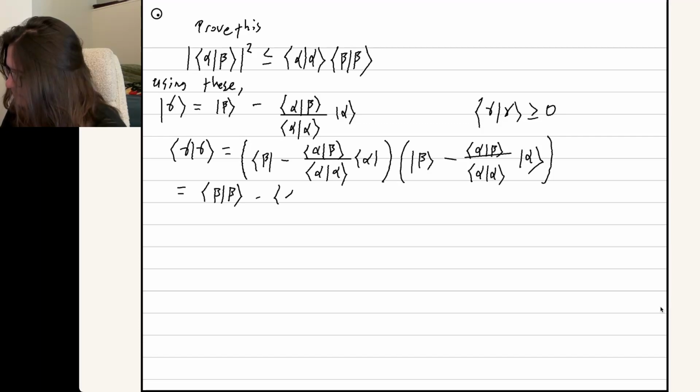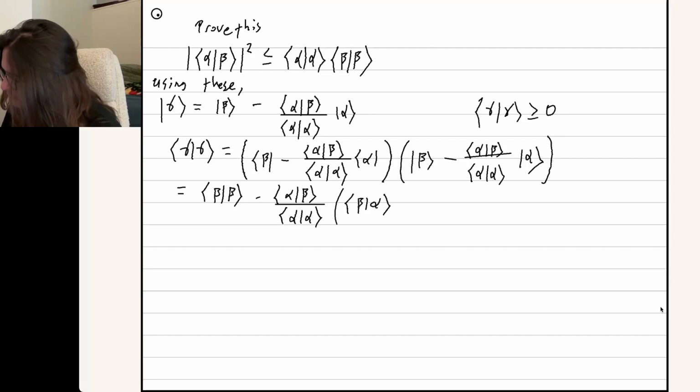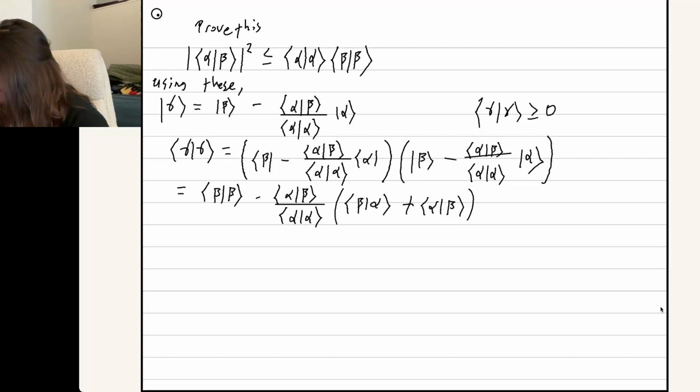Both of them are going to be proportional to the inner product of alpha with beta divided by the inner product of alpha with alpha. So like I just said, there's going to be an inner product of beta with alpha term, and also an inner product of alpha with beta, which is the complex conjugate of the other term.